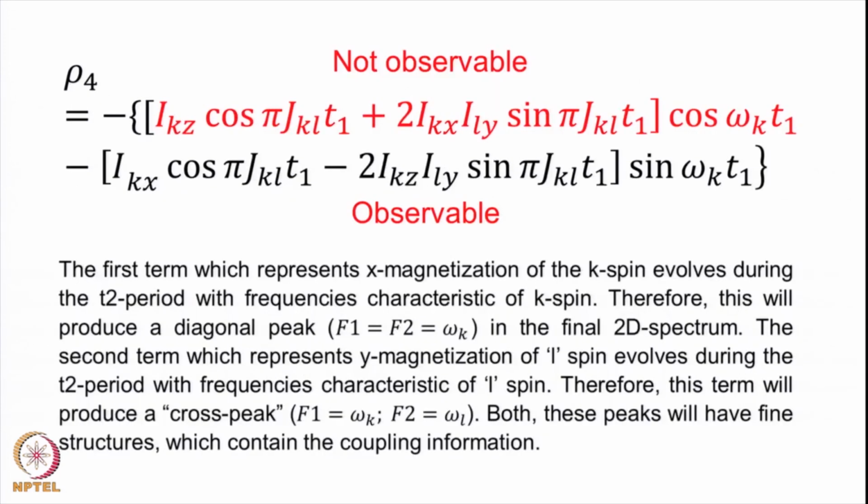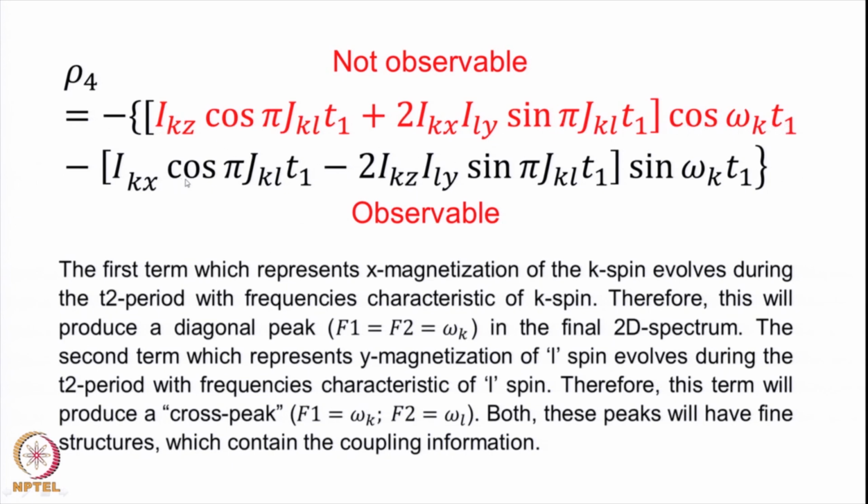Now what are we doing at the end of the t1 period? We are applying a 90-degree pulse again. Here we notice that after we apply the 90-degree pulse, these terms will get transformed in a particular manner. We get here at rho 4, the first bracket gives me IKZ cosine pi jkl t1, because I apply a 90x pulse, this was KY here and KY goes to KZ, and here it was KX LZ, LZ goes to LY, therefore I get here 2 IKX ILY sin pi jkl t1 and cosine omega k t1.